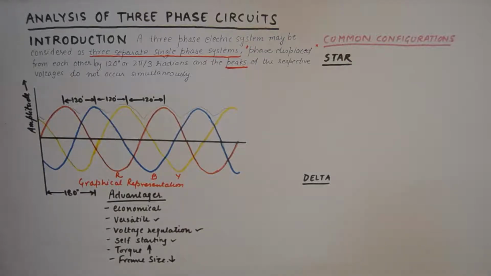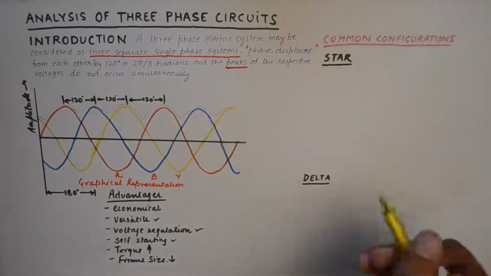Star and delta. A star connection of an electrical system will have a neutral point, and all the voltages will be connected to that neutral point. I'll draw that and show it graphically.